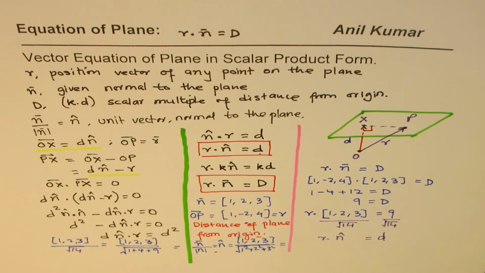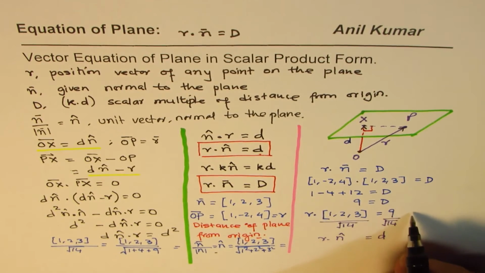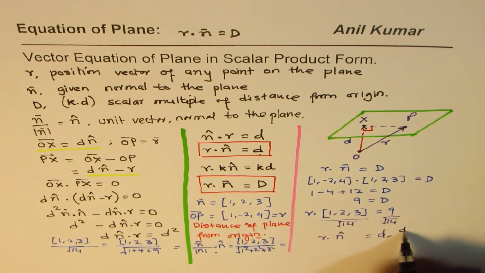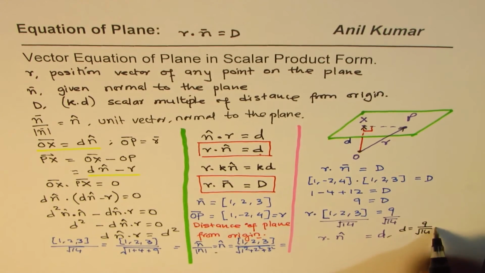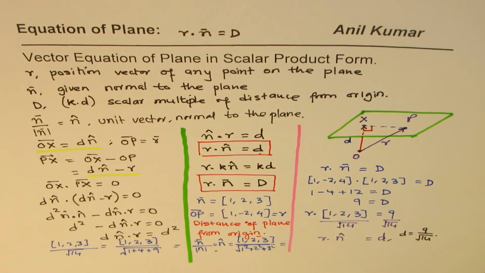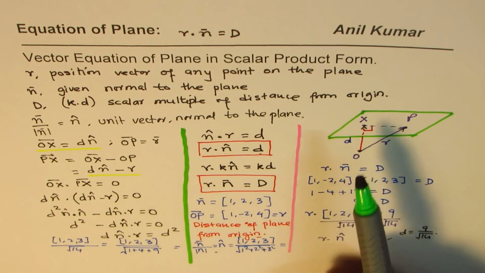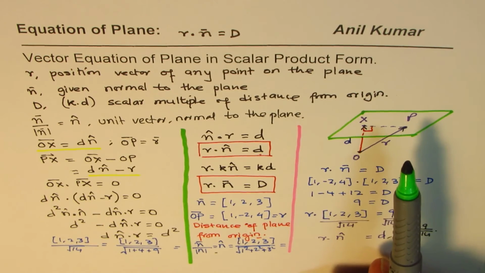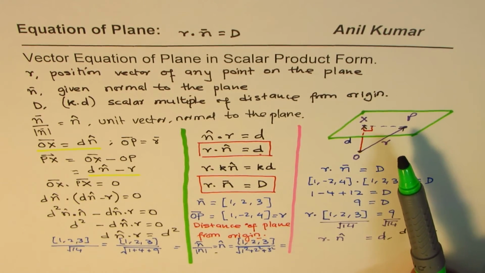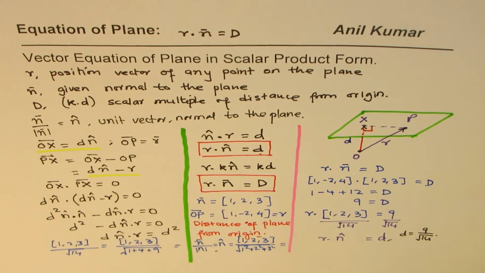Do you get an idea? So we can find D. In this particular case, we have D equal to 9 over square root 14. So that is how we can find the distance from origin also. I hope in this video you understand how to derive an expression for the equation of the plane, and also an example of how to find the equation of the plane.